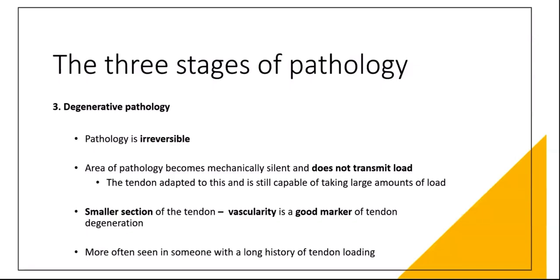But the good news is the tendon adapted to this and is still capable of taking large amounts of load, despite those smaller sections of the tendon which are pathological. We see this more often in someone who has a long history of tendon loading.